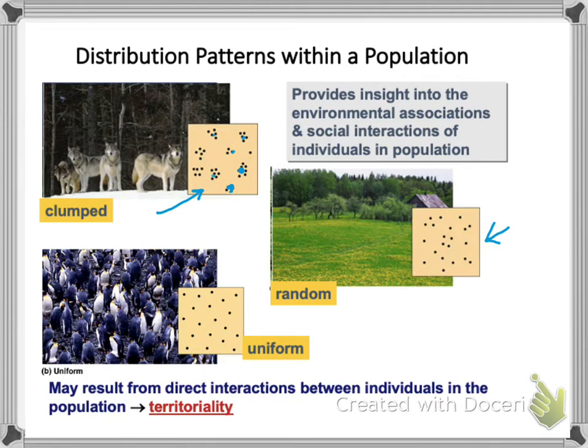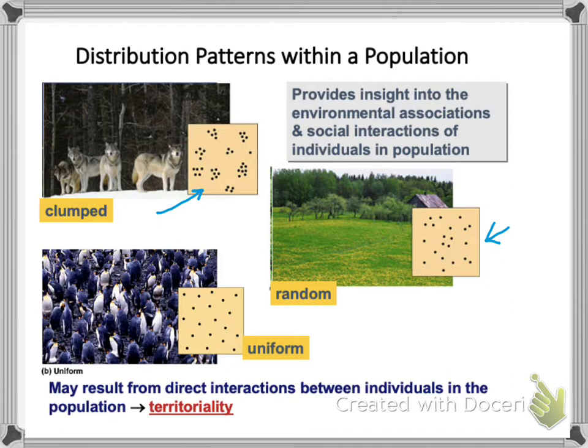Or perhaps the clumping is due to, for example, these wolves hunting in a pack. Or perhaps it's a prey and there's safety in numbers, and so they have a herd or a school or something like that to keep themselves safe. So we often see that.